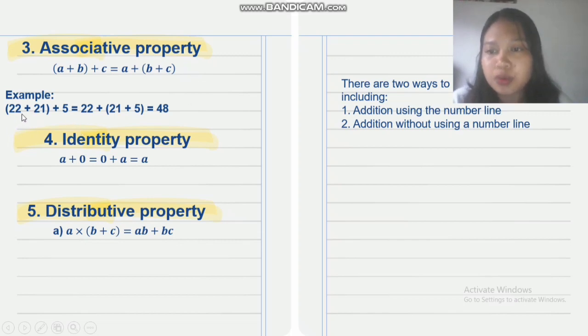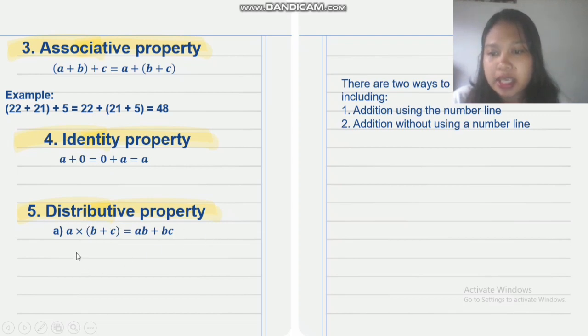Example, 22 plus 21 plus 5 equals 22 plus 21 plus 5 equals 48. 4. Identity property, A plus 0 equals 0 plus A equals A. 5.